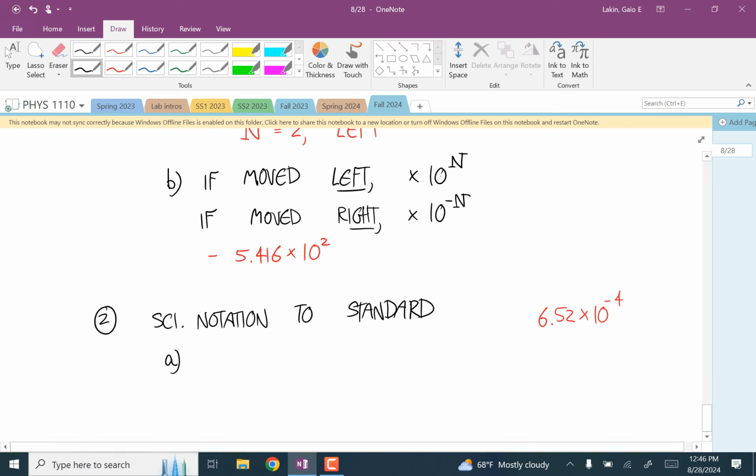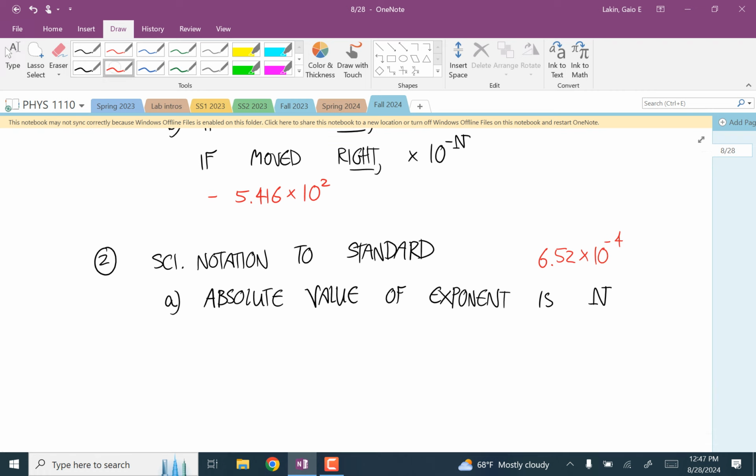So the first step is the absolute value of the exponent is, we're going to call that n. So in the case of this example, n is equal to 4.